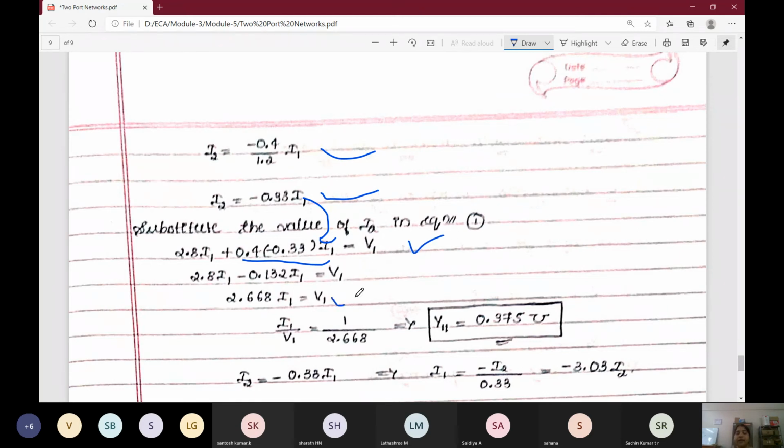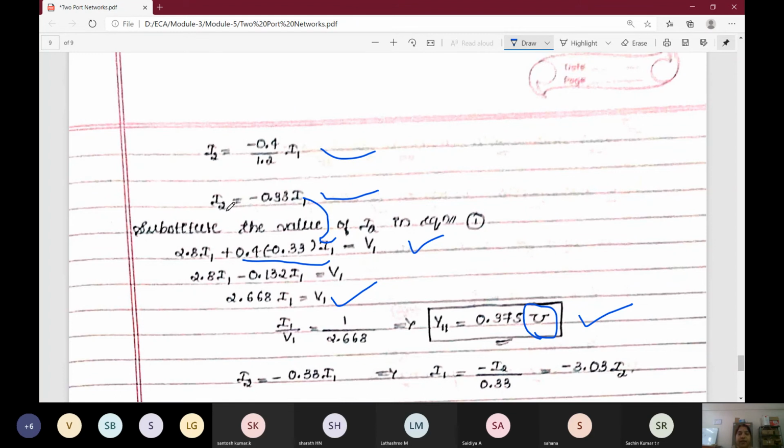So we'll get I1 and V1. I1 by V1 is nothing but Y11. Since it is admittance, the unit is inverse of ohm. That is the first parameter, Y11.